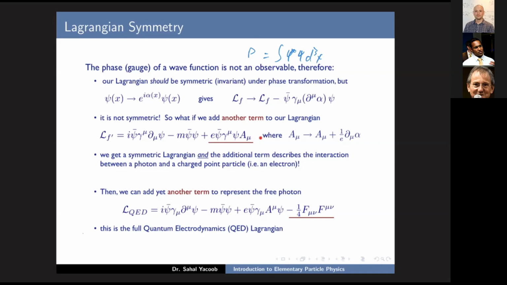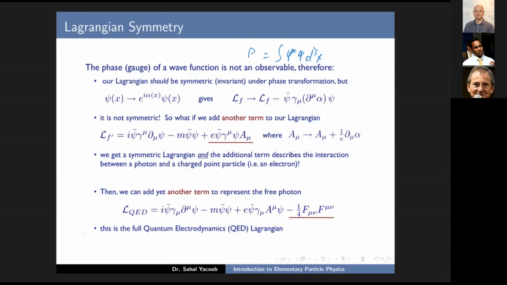This A mu is a 4-component object that has to transform in this way. Upon further investigation, we find the first component could be identified with the electromagnetic scalar potential. The other 3 components can be identified with the electromagnetic vector potential. And this other constant is written as e. That should have been your guess, if you're not reading far ahead of me.